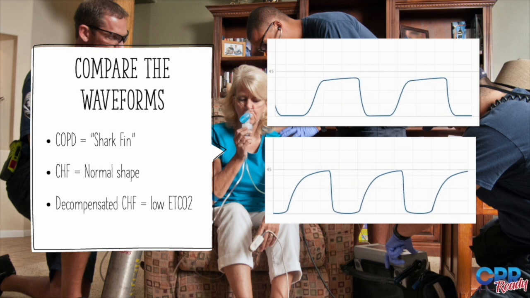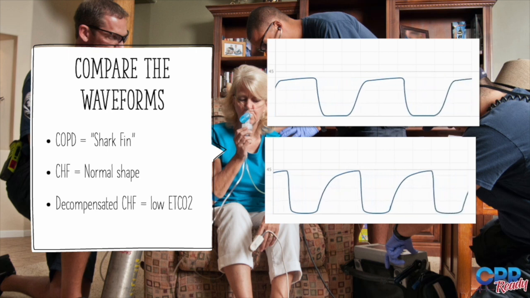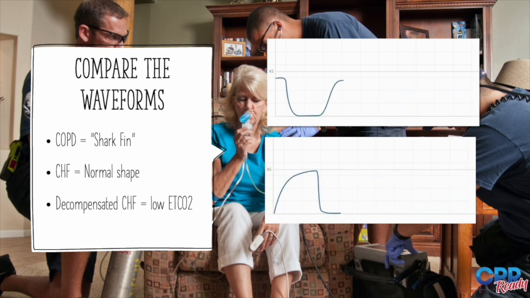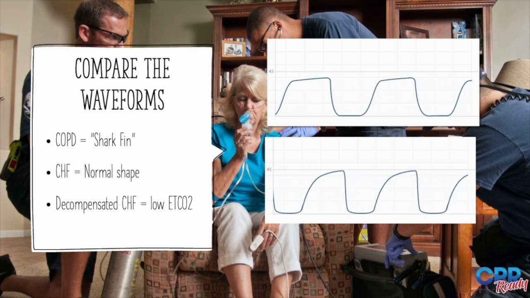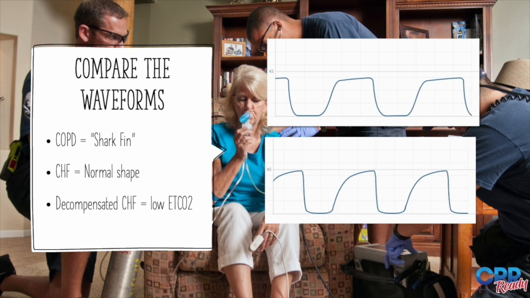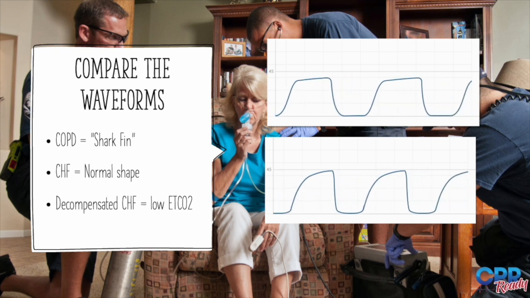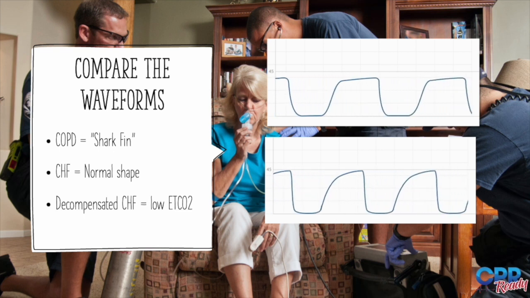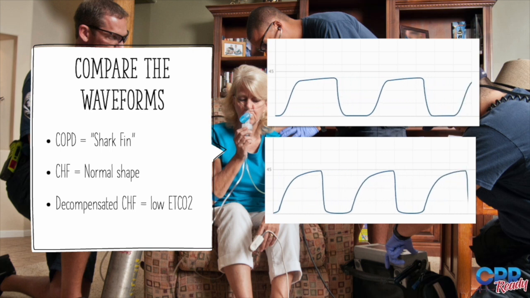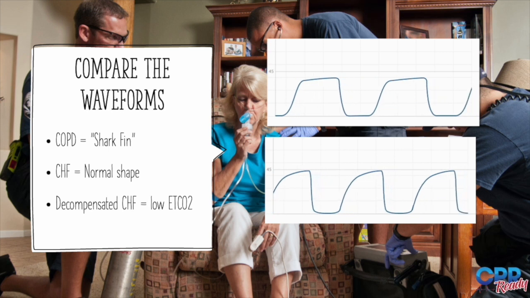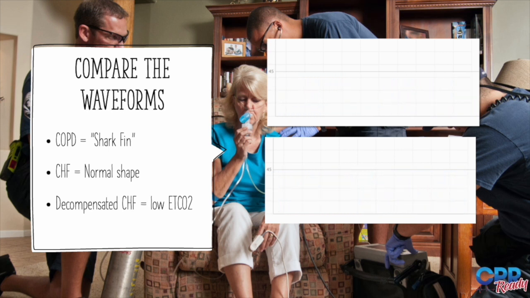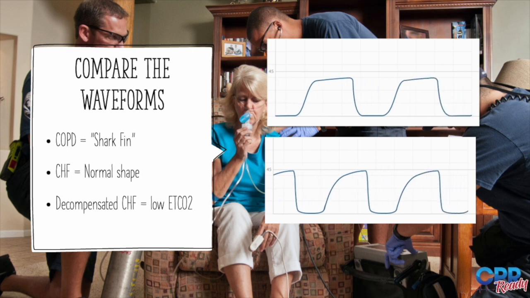If you see that, this means decompensating CHF that's causing low CO2 production and is a sign of poor perfusion like we talked about earlier, and they're probably developing cardiogenic shock. On the other hand, if you notice a shark fin, then you'll know that bronchoconstriction from COPD is present, and that'll help differentiate between the bronchoconstriction and respiratory distress of COPD versus the pulmonary edema caused by CHF.